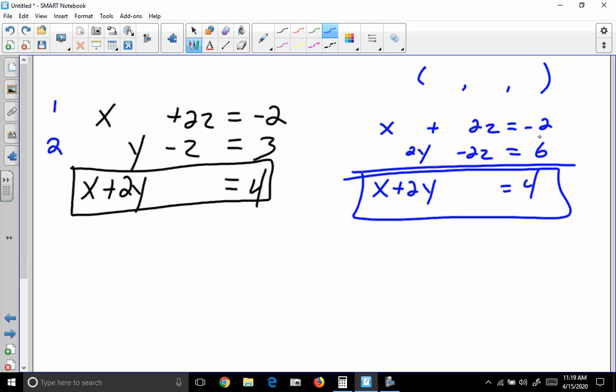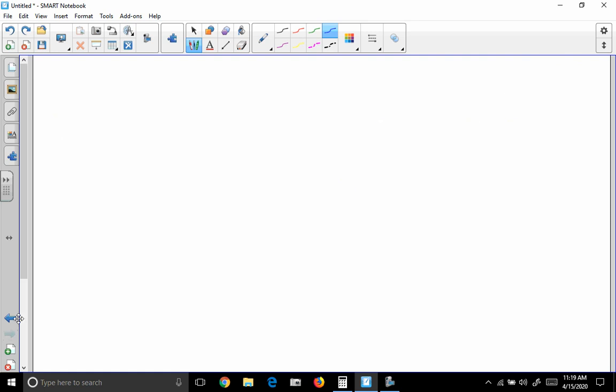But this is a technique. Normally, when we do this, we end up with two different equations that have the same two variables. And then we would proceed to solving that system of equations to get x and y. And then we would go back in and plug in to get z. But let's do another one.